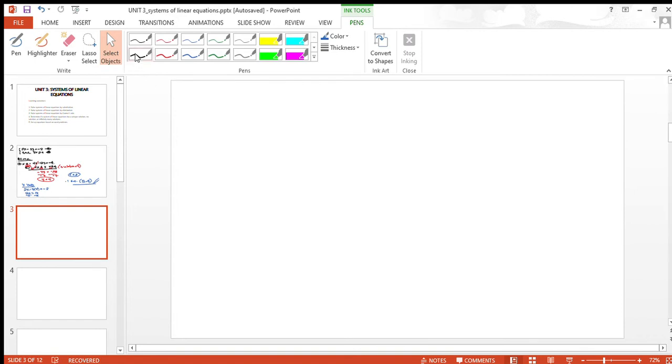Now, what if we have three unknowns? Let's look at an example. If we have three unknowns, let's say x plus 2y plus z equals 8.